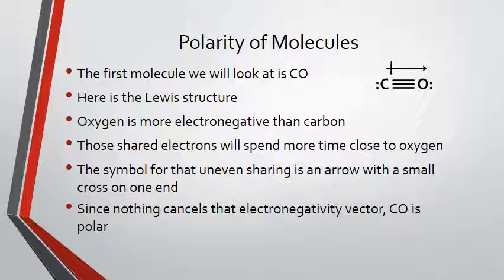Carbon monoxide is polar. A partial negative on the oxygen side, partial positive on the carbon side. That little squiggly is a Greek letter delta, and that means a partial charge. Not a full negative, not a full positive, but a partial charge.